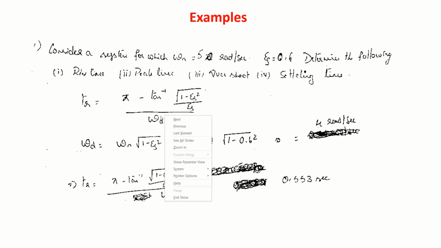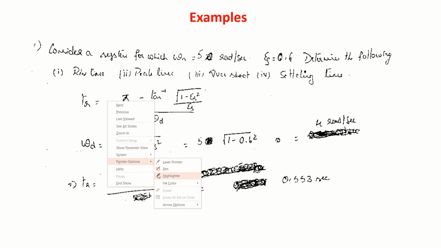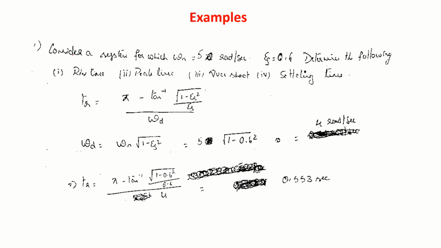Let us consider a simple example now. Consider a system for which omega_n is 5 radians per second and zeta is equal to 0.6. These are given. Then determine the rise time, peak time, overshoot, settling time.